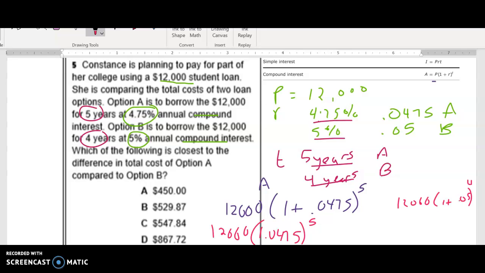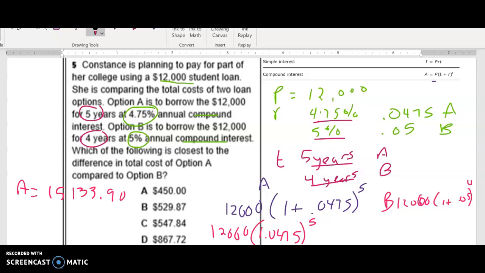Okay, so this first one, option A, is 15,133.90.